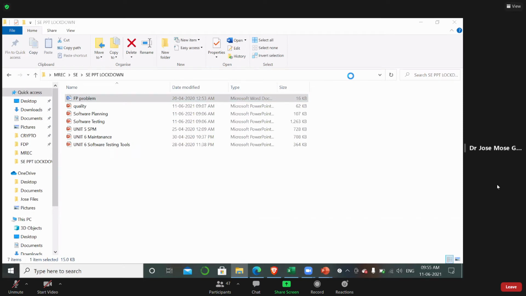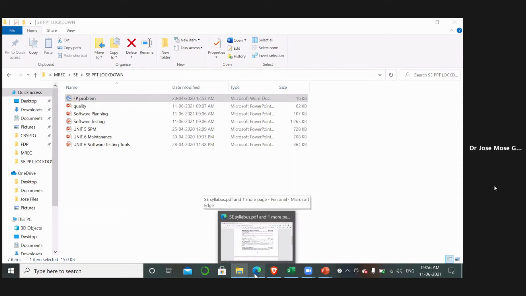You can download the testing material as well as the FP problem in your chat box. Now let us see one more problem. In Zoom only I'm sharing it; open your chat box and download it.